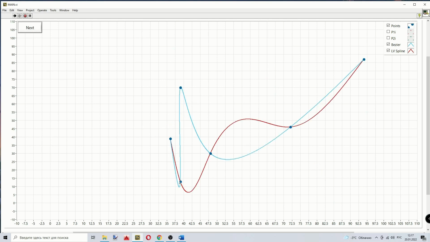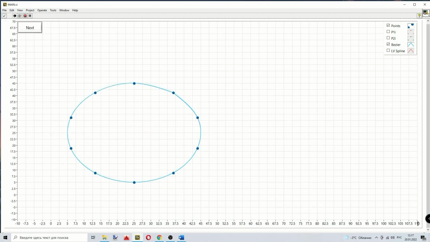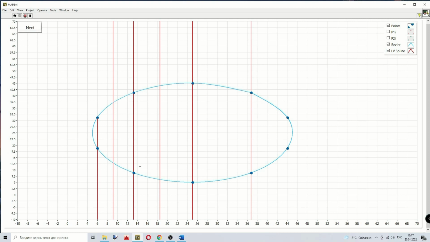In this case, the curve does not pass through this point at all. For example, an oval you can't connect smoothly with a regular spline.